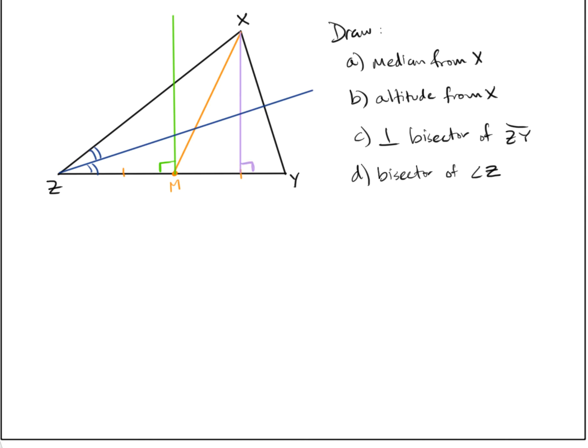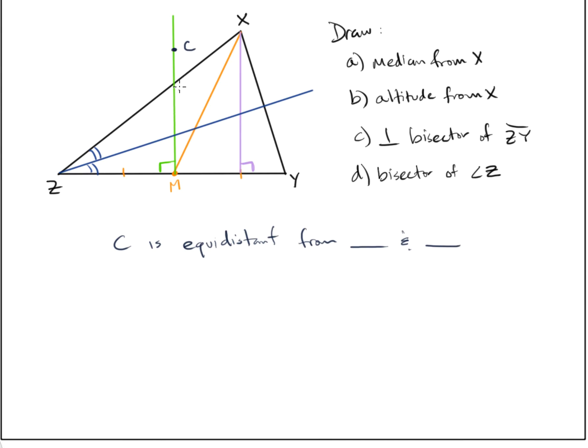Now I have a couple other questions I want to follow up with on this. If I were to put a point on this perpendicular bisector right here, and let's call that point C, then point C is equidistant from what two things?